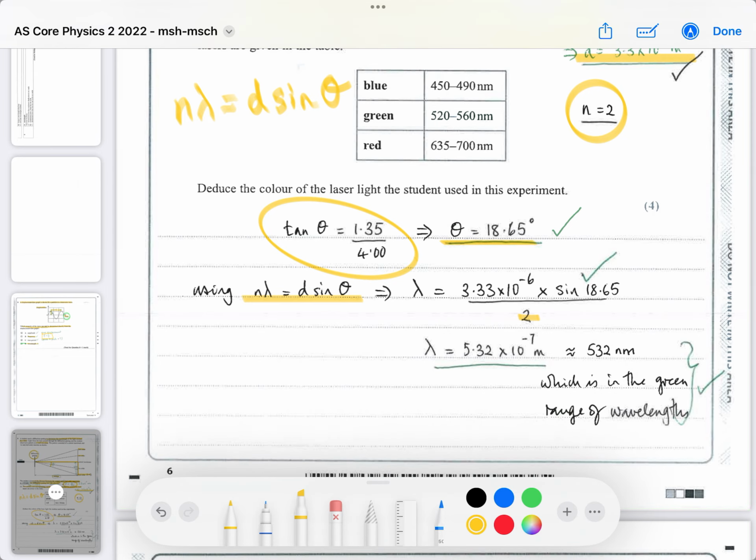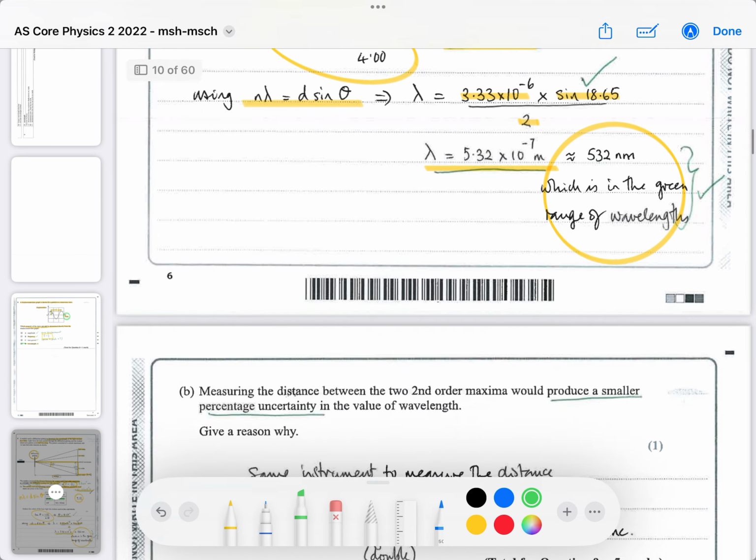We know that n is 2, so we can divide both sides by 2 to work out lambda. That's d, we calculated already, 18.65, you put it into sine, and you get 532 nanometers, which is in the green range. Yes, the green range here is what we just calculated, so we know it's the green.